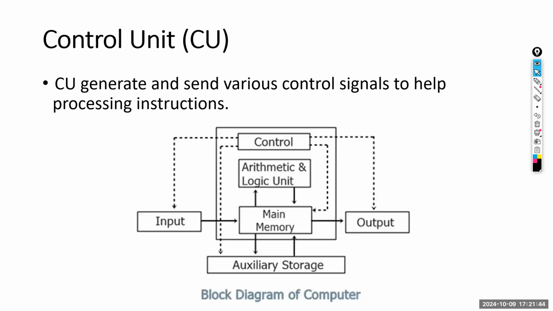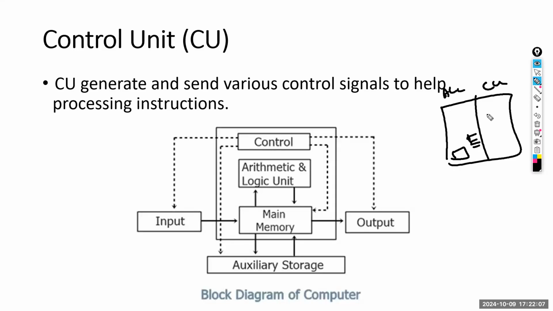And then the control unit. Remember, your microprocessor consists of the ALU and the control unit. The ALU consists of your ALU, registers and the decoder to decode. Once you decode, your control unit can understand exactly what to do.